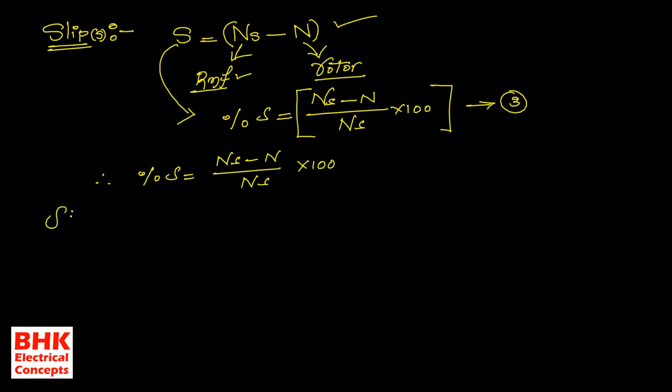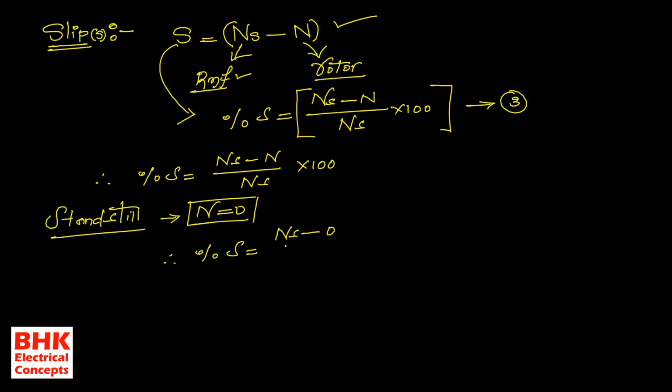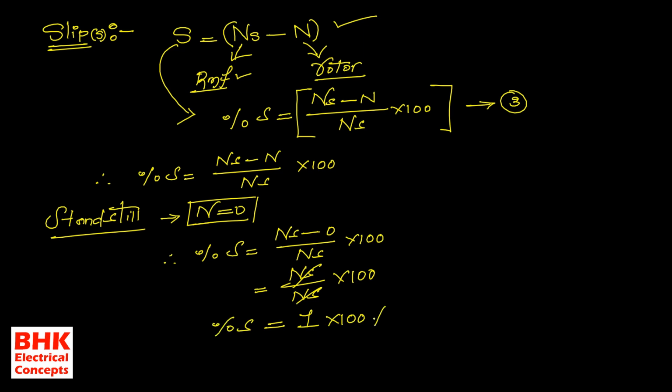Under standstill condition, n is equal to 0 because the rotor is not rotating. So percentage slip is equal to ns minus 0 divided by ns into 100, that is ns divided by ns into 100. The ns gets cancelled, and you get 1 into 100. So percentage slip is equal to 100%.